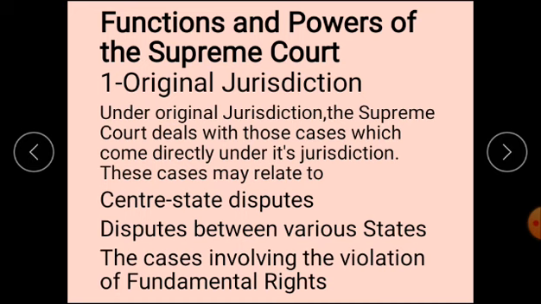Under original jurisdiction, the Supreme Court deals with those cases which come directly under its jurisdiction. These cases may relate to center-state disputes, disputes between various states, and cases involving the violation of fundamental rights.